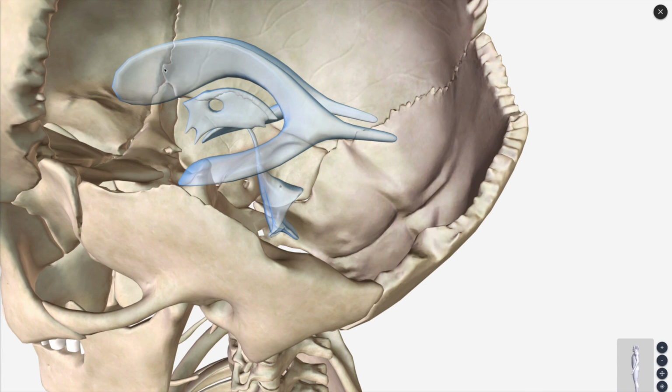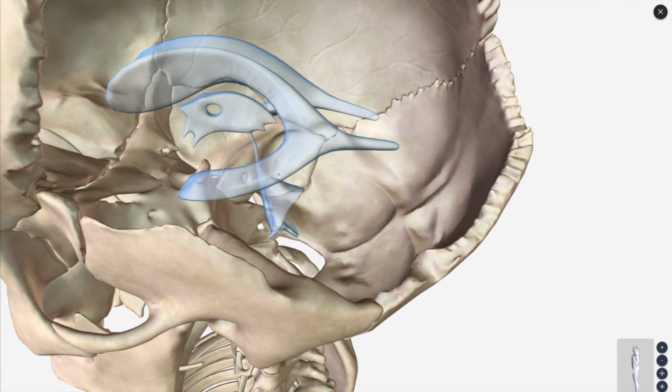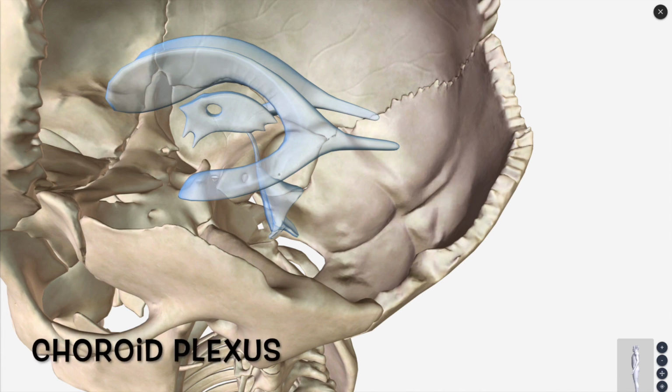So you produce the cerebrospinal fluid via an area called your choroid plexus. Your choroid plexus is where you've got your capillary loops coming downwards, and blood is going to be going through them. The capillary loops themselves are covered by what kind of cells?